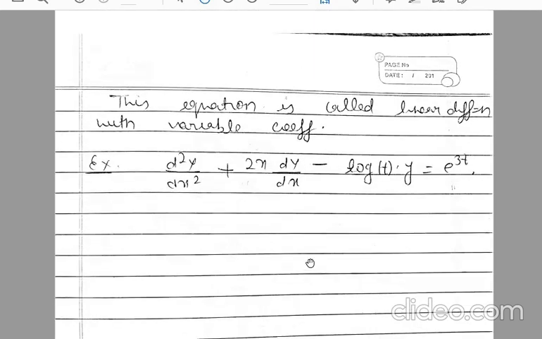So we can say that this equation is a linear differential equation of second order with variable coefficient, right? There is an example here: d2y upon dx2 plus 2x dy upon dx minus log t y is equal to e to the power 3t. Here you just write log x because we are taking x as the variable. This is an example of a variable coefficient equation.